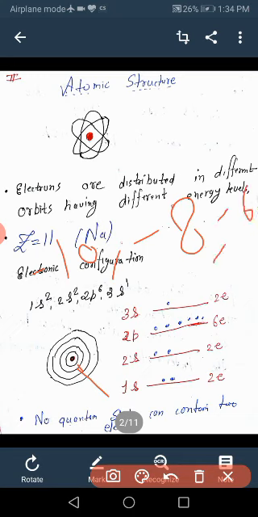Like this. If the electron wants to jump to the second orbit, it will have to take plus 2 of energy, not more, not less, and this is the quantum.